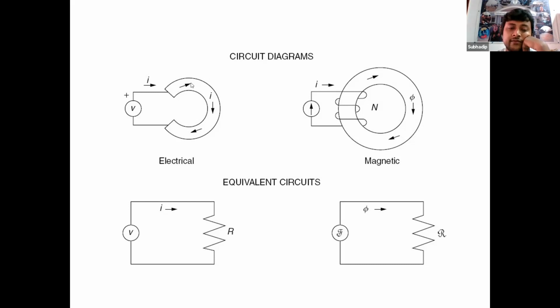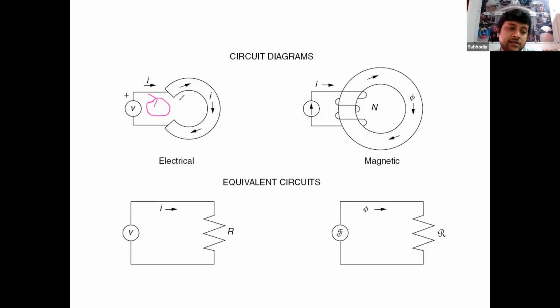You see this is a particular metallic path where the conductor is connected, and if you apply a voltage source, the circuit becomes a closed circuit.